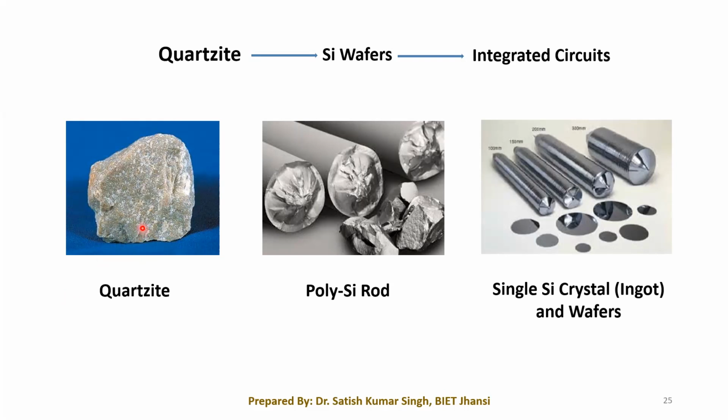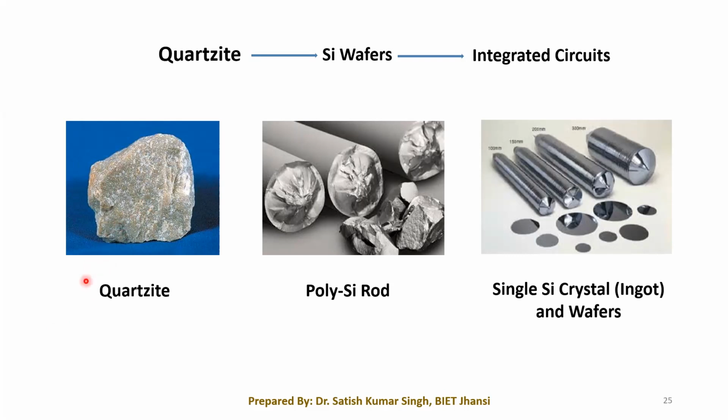Obviously this looks like a stone, so how can it be converted, because we cannot fabricate anything out of this. So we have to convert this quartzite into a suitable form so that we will be able to make ICs from this material.